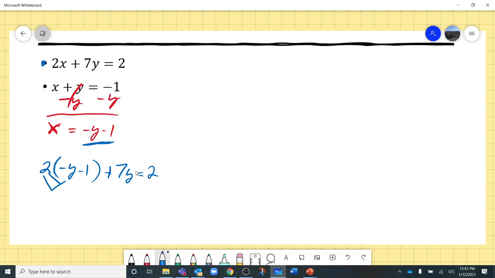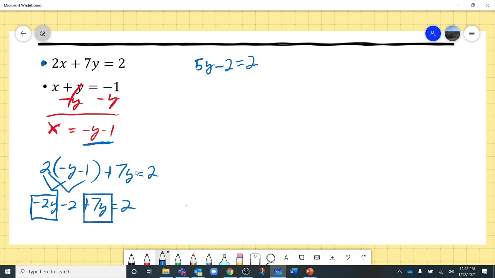Distribute this through, and that gives me negative 2y minus 2 plus 7y equals 2. I can put my negative 2y and my positive 7y together. Those are both y values. So 7y and negative 2y is going to give me 5y. Come up here, 5y. Still have my minus 2, didn't do anything with that, equals 2.